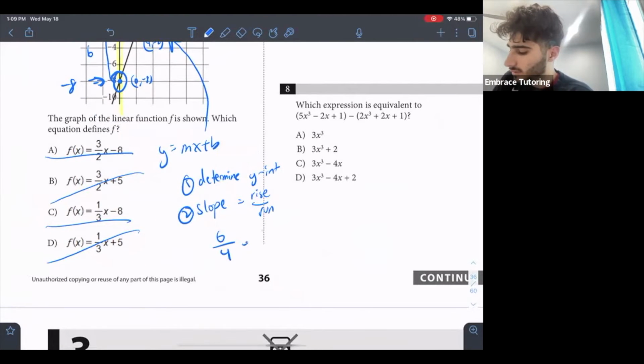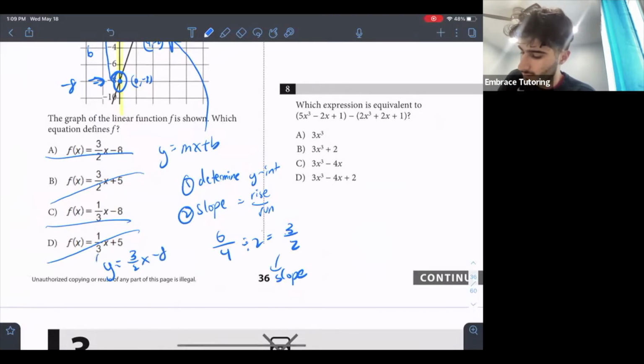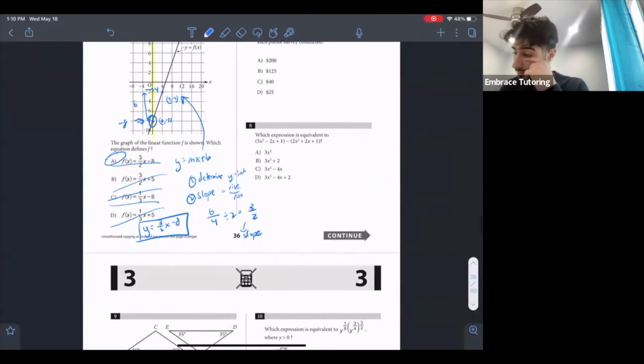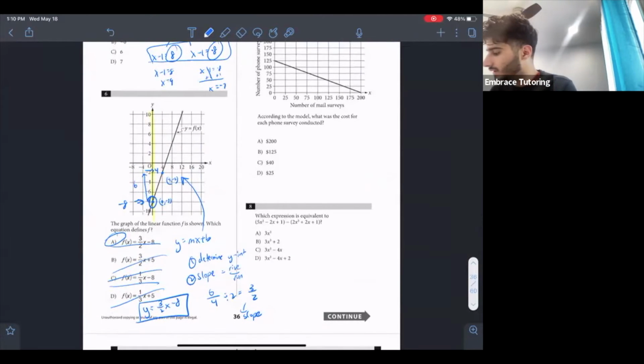Simplify, divided by 2, you get 3 over 2, which is the slope. So then our full line equation would be 3 over 2 x minus 8, which is choice C. I mean choice A, sorry, my bad. Choice A. So that's how you do this question right here. You just have to break down the question and break down the parts of the y equals mx plus b equation.